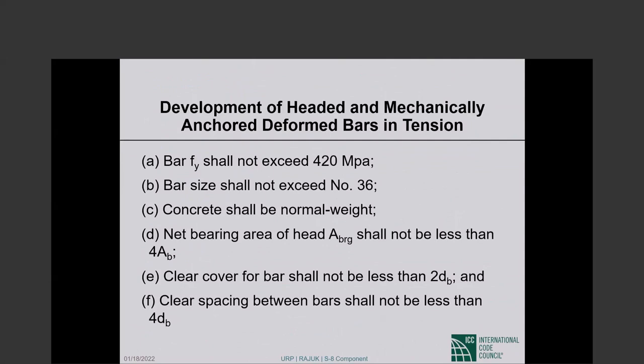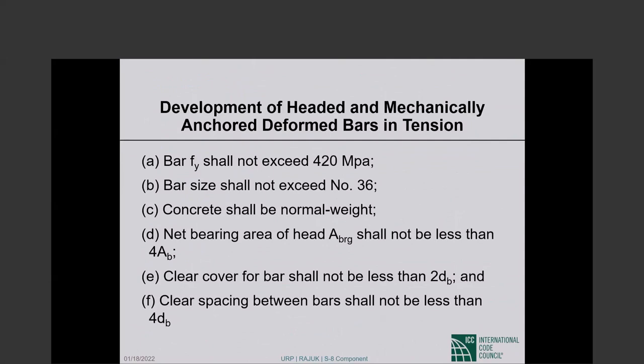A, bar yield strength shall not exceed 420 MPa. Bar size shall not exceed number 36. Concrete shall be normal weight. Net bearing area of head shall not be less than 4 times the bar area. This is very important.